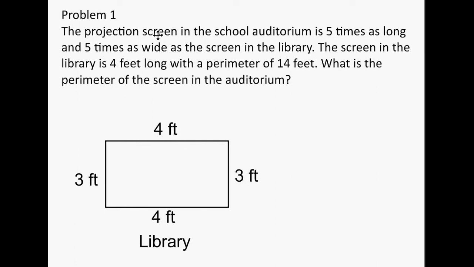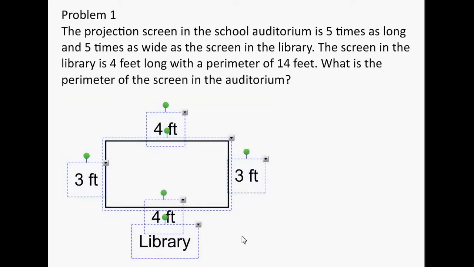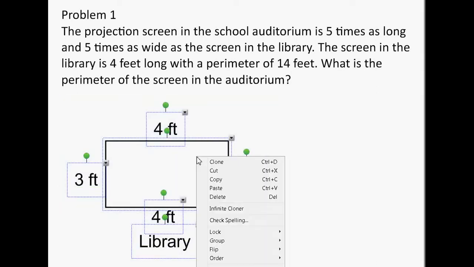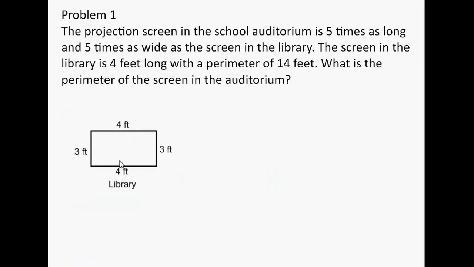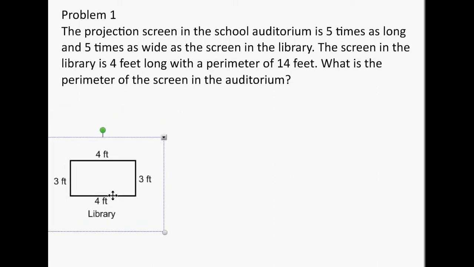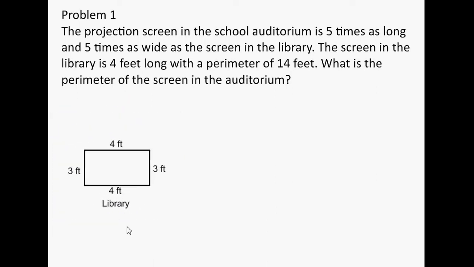It says the projection screen in the school auditorium is 5 times as long and 5 times as wide. So let's try to make this maybe a little smaller. Let's group it together. Make it a little smaller so we have some more room. Alright, so we figured out this is really the first step right here, to figure out the library screen. Now it says that it's 5 times bigger.